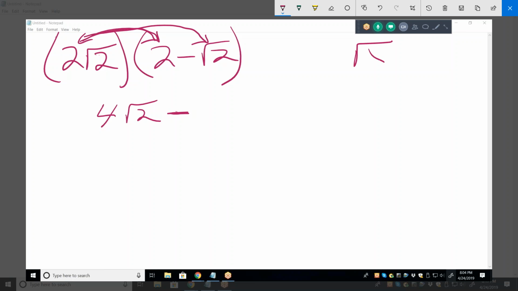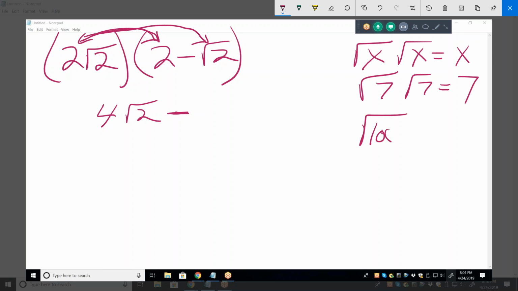Root x, and this is an important concept. You got to remember this. Root x times root x is x, which means root 7 times root 7 is 7. Root 100 times root 100 is 100. Anything, the root of it times the root of that same thing is equal to that thing. So what do we have?